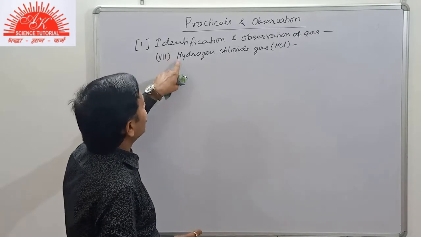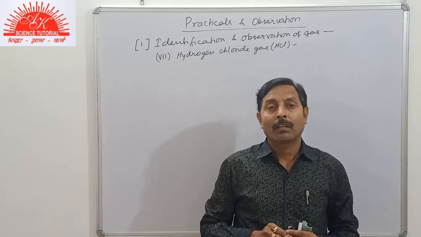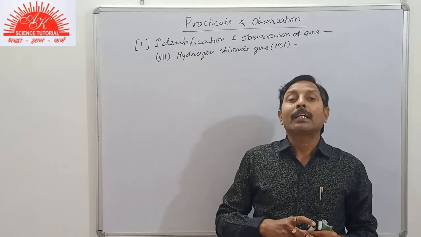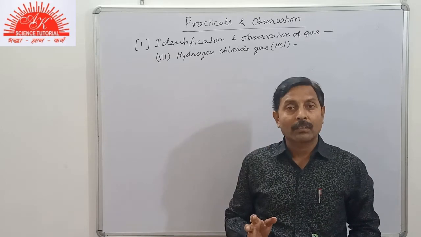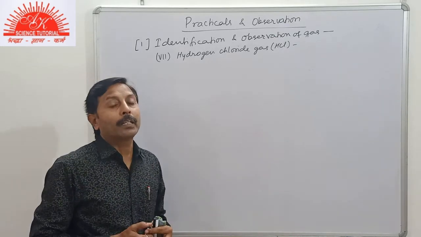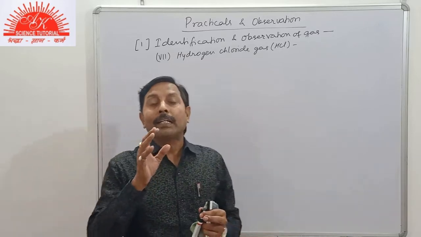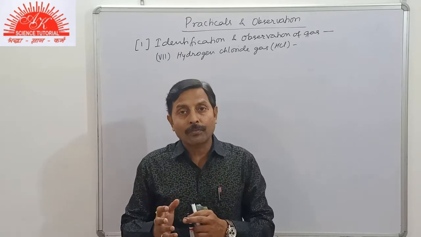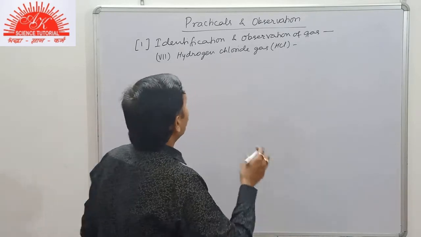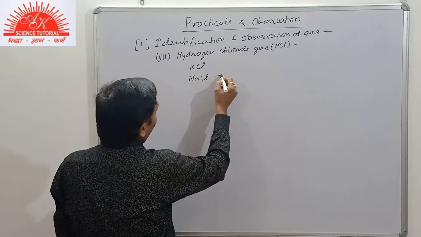The next gas is hydrogen chloride, HCl. Now hydrogen chloride gas can be produced by reacting hydrogen and chlorine directly. But in laboratory, when it has to be prepared, then we produce it by the action of conc H2SO4 on chloride salts. Like suppose we have potassium chloride or sodium chloride.